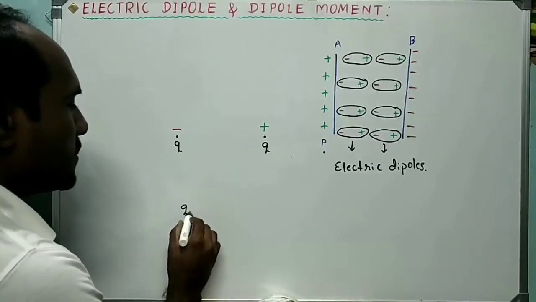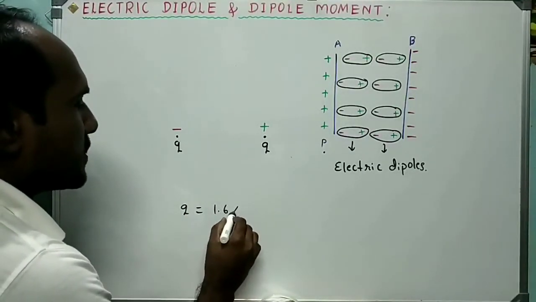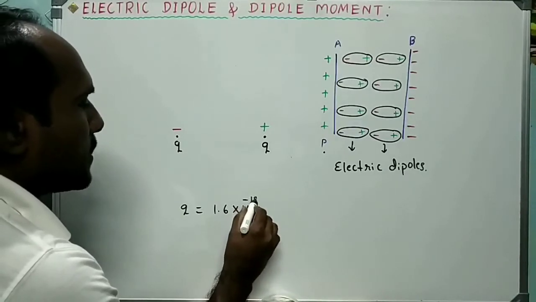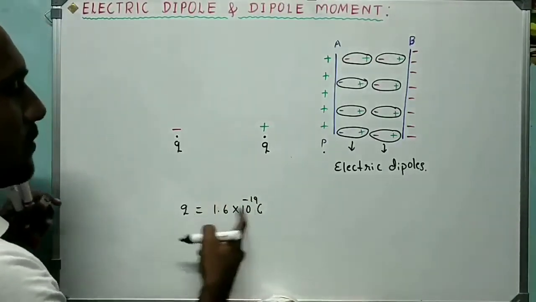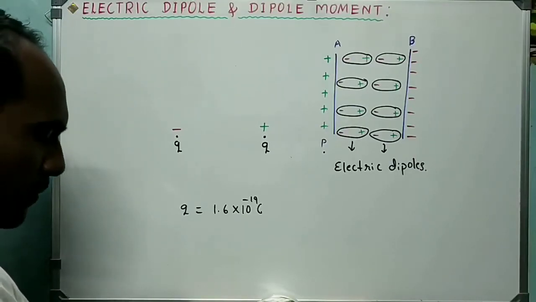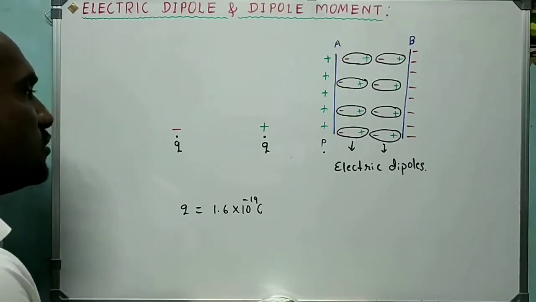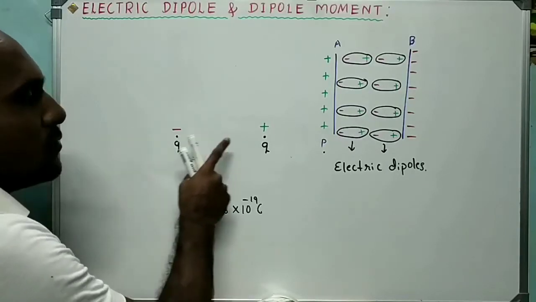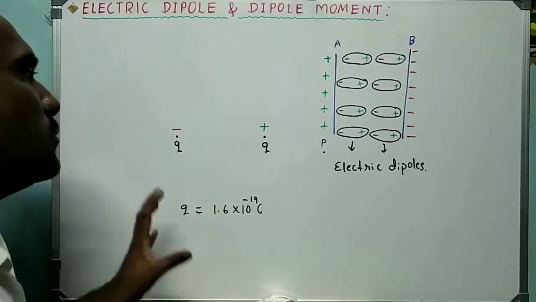The magnitude of this Q is 1.6 into 10 raised to minus 19 coulomb. This is the magnitude of charge on electron and proton. But the only difference is that the charge on electron is negative and the charge on proton is positive.